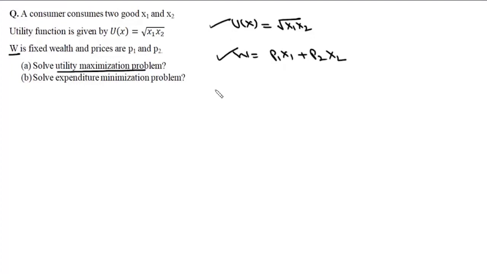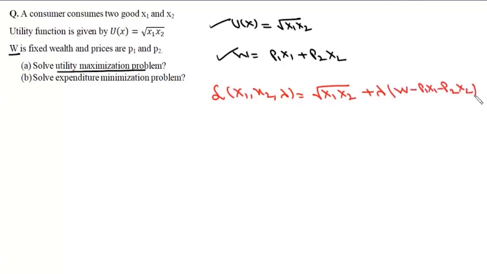So for this problem we can write the Lagrangian function as L(x1, x2, lambda), and it will be equal to the objective function square root of x1 x2, plus lambda times the equality constraint, which is w minus p1 x1 minus p2 x2. Now we'll find its gradient and put it equal to 0.